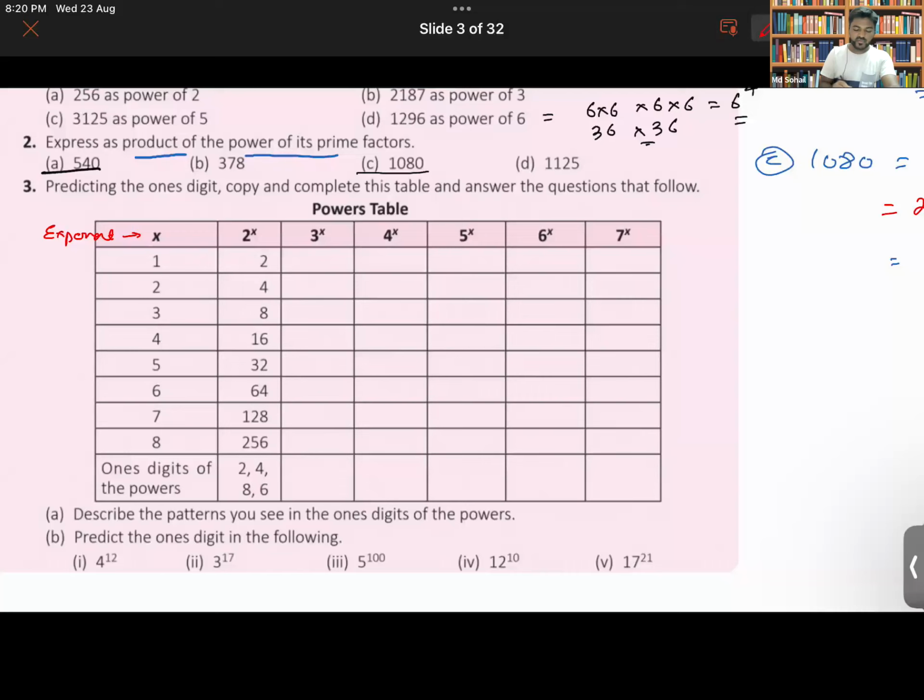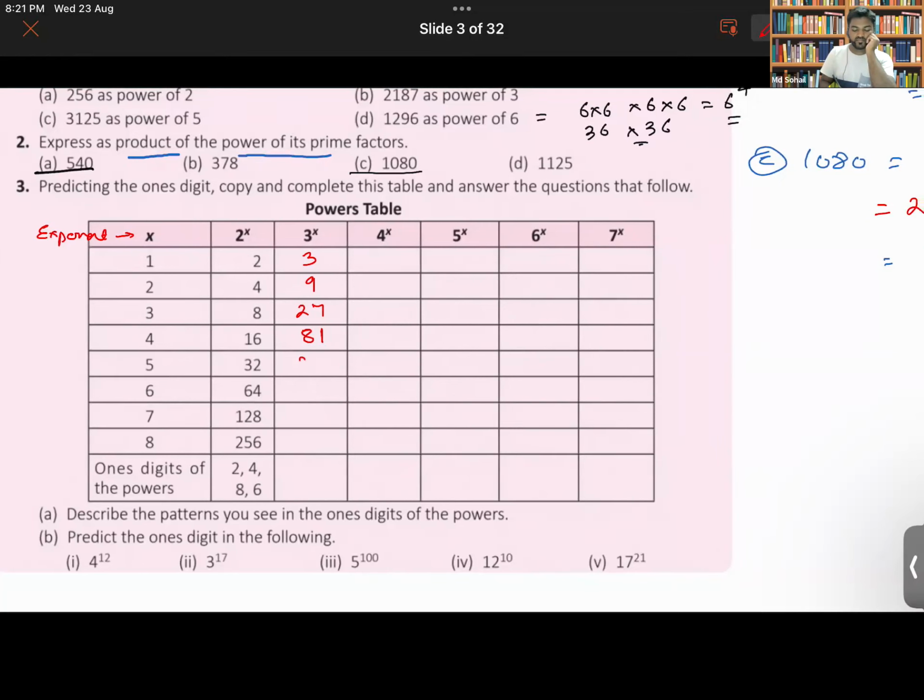So if you keep changing the exponents of the number, for example, 3 raised to the power 1 will be 3, 3 raised to the power 2 will be 9, then 27, and so on. So let's complete the table, then you will be able to understand the pattern. So it will be 3, 9, 27, and then do tell me, 3 raised to the power 4 is 81.